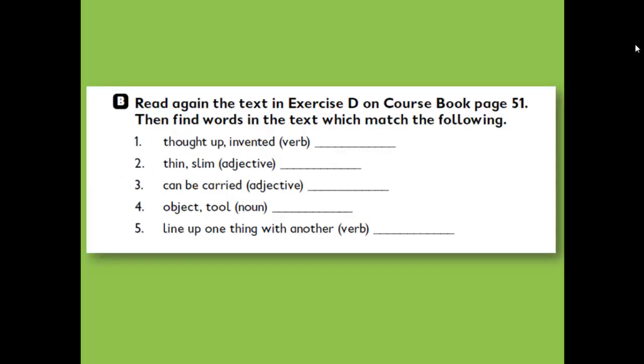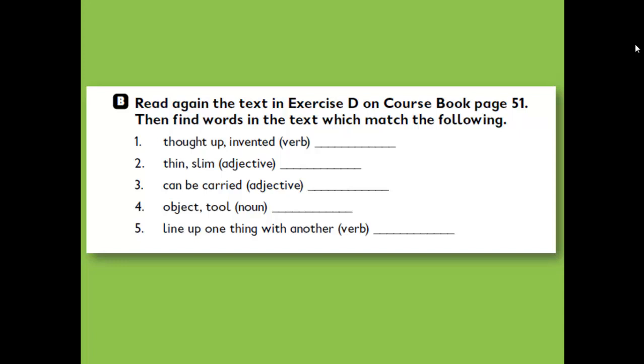Now let's move to our workbook, practice number B. This practice is so good for you all. Read again the text in exercise number D on course book, page number 51. Then find words in the text which match the following.